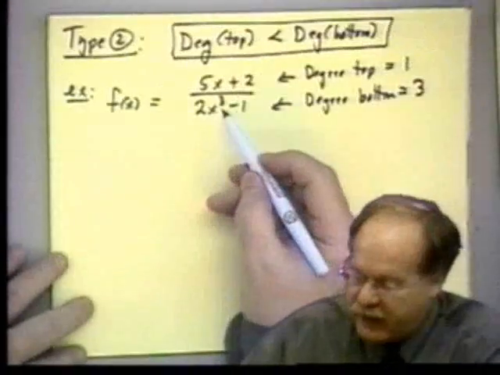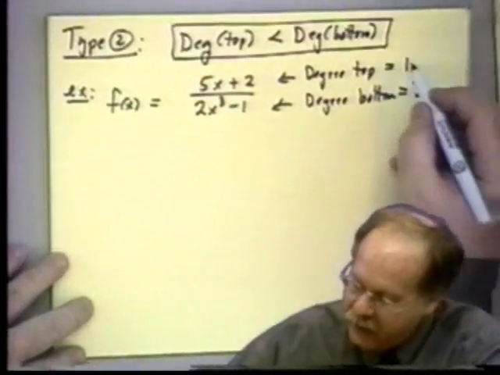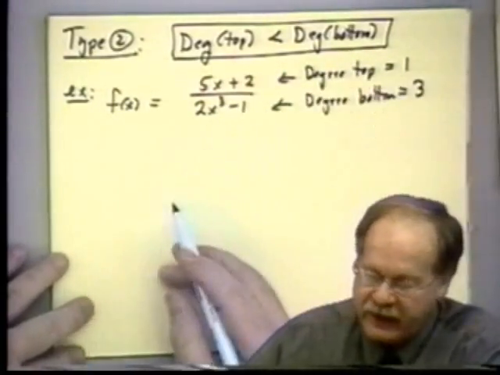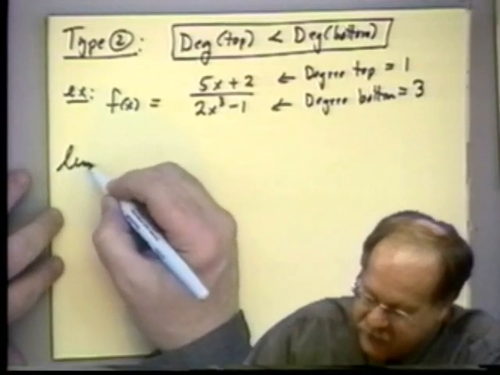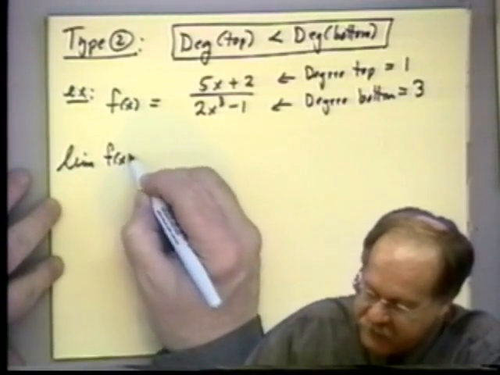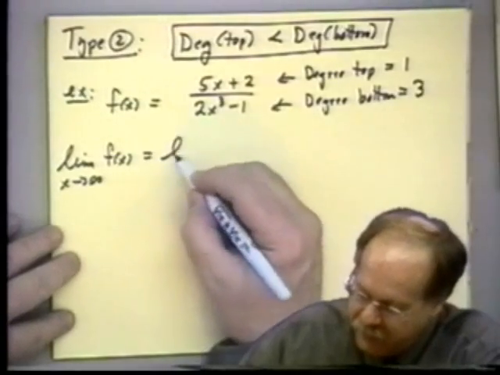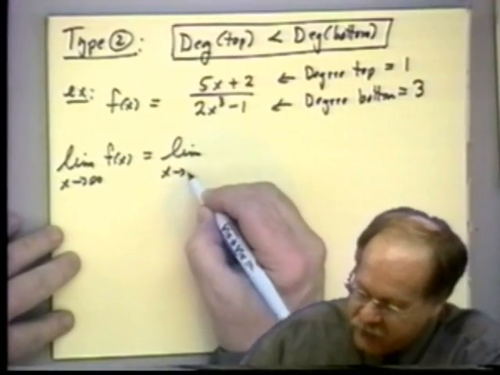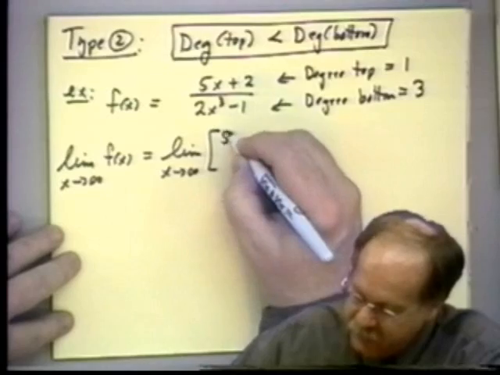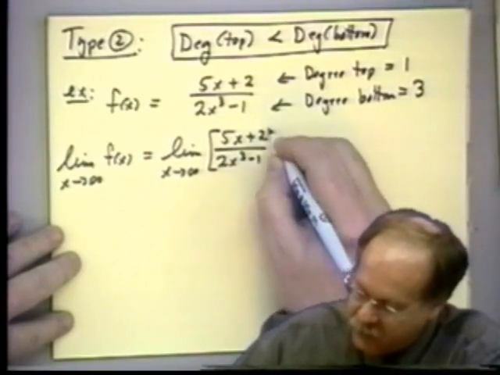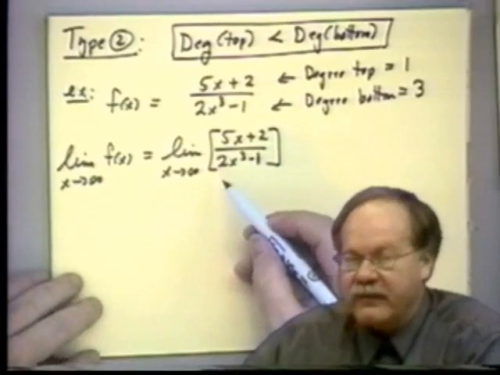It is a cubic down here, so the highest power is 3. And notice that the top is less than the bottom, as we wanted to look at in this case. Now we'll ask the same question we asked before. What happens if you take this limit as x goes to infinity? Take the limit as x goes to infinity of this expression, 5x plus 2 over 2x cubed minus 1.